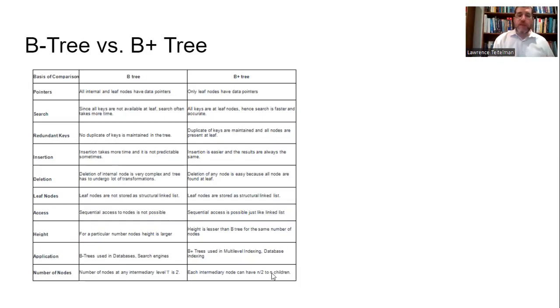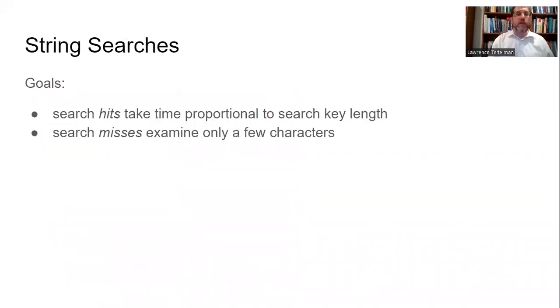But in a B plus tree, I have to have at least m over 2. N is misleading here; it should really be m children. If I'm allowed up to m children, then I have to have at least m divided by 2, because otherwise I'm not efficiently making use of my data structure.